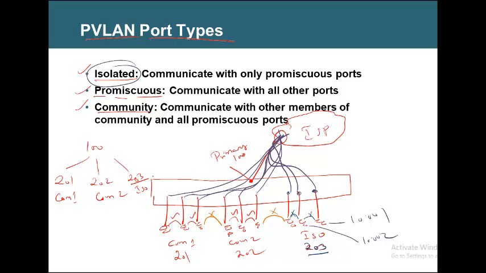These 3 can talk to each other, but this one and this one cannot talk because they belong to different communities. A community communicates with other members of the same community as well as all promiscuous ports. Primary VLAN belongs to the promiscuous port.